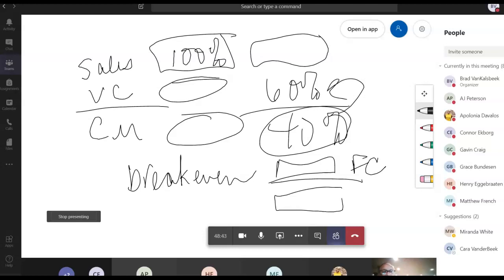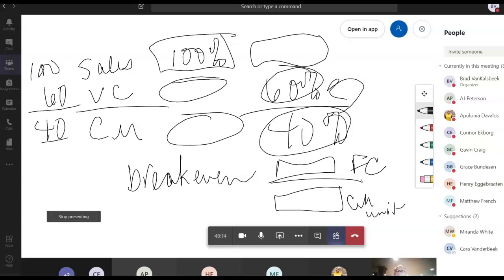This is your contribution margin by unit, because what we're trying to figure out is how many units we need to sell in order to break even. So sales were $100 per unit, and our variable cost is 60%. Let's just continue with that. So our variable cost is 60 bucks. That means our contribution margin is $40 per unit.